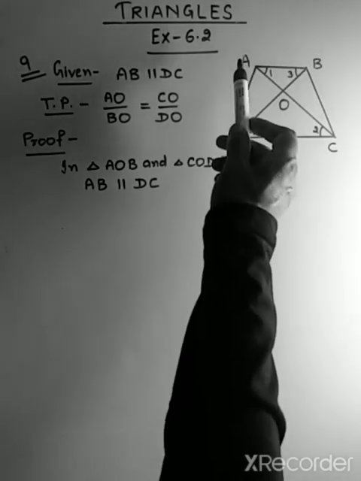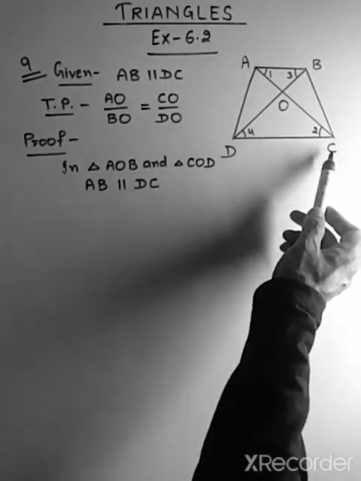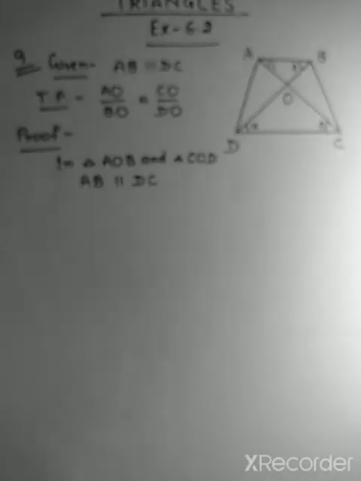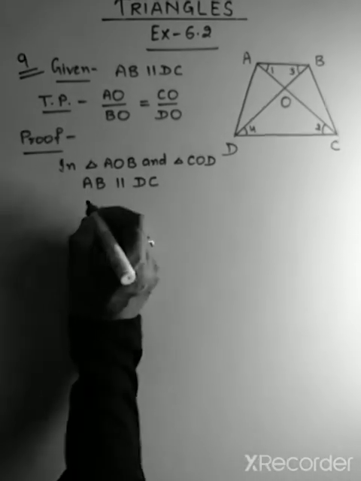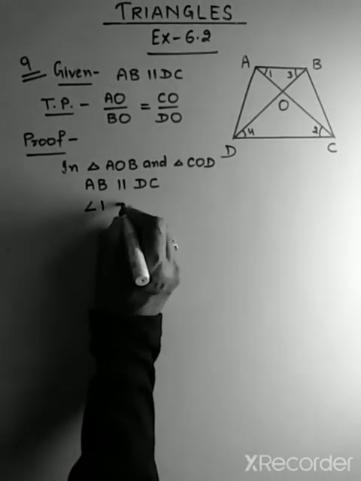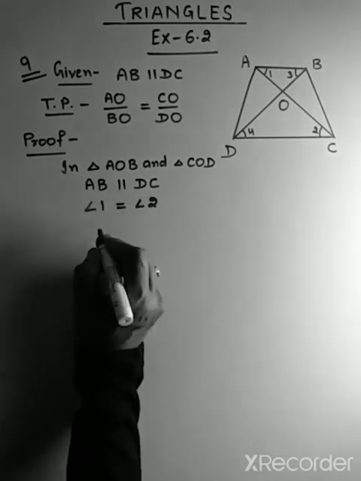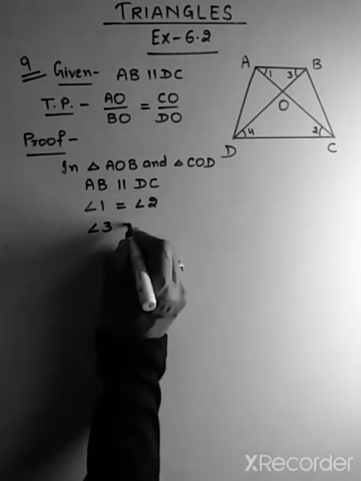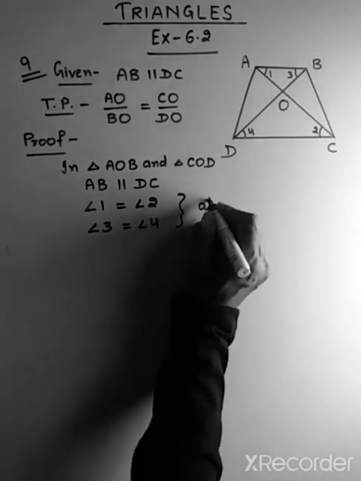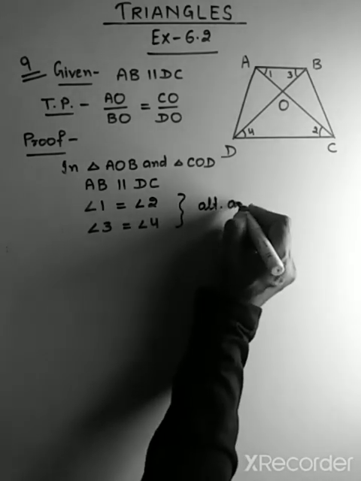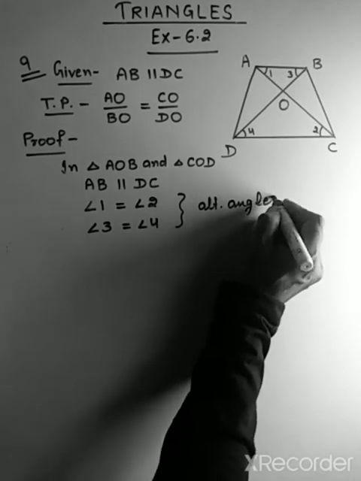So in triangle AOB and triangle COD, it is given that line AB is parallel to DC. So angle 1 equals to angle 2 and angle 3 equals to angle 4. These are alternate angles.